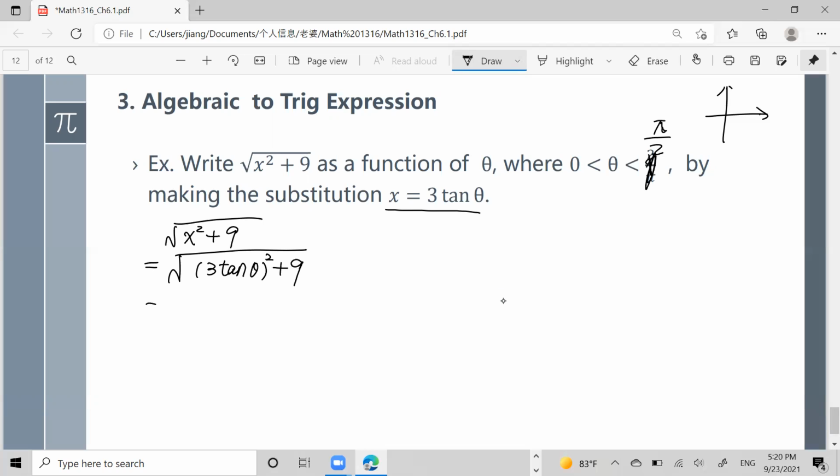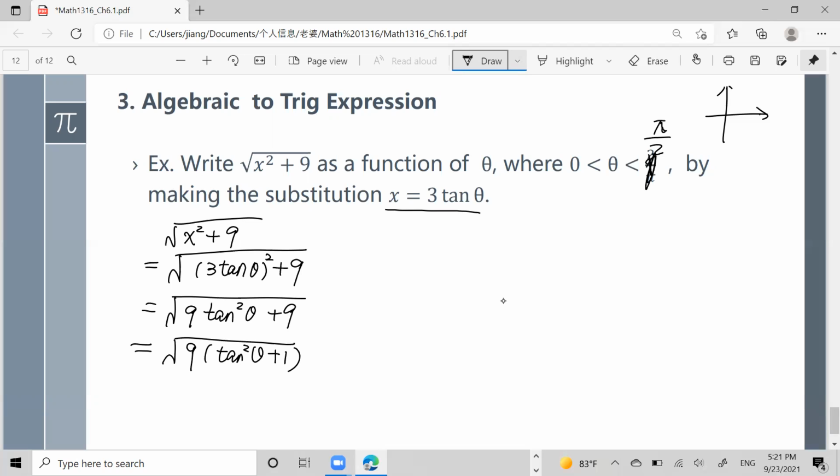And then distribute the square power. It's 9 times tangent theta squared plus 9. And then pull out the 9 because the coefficient 9 can be pulled out. So 9 outside, tangent theta squared plus 1.